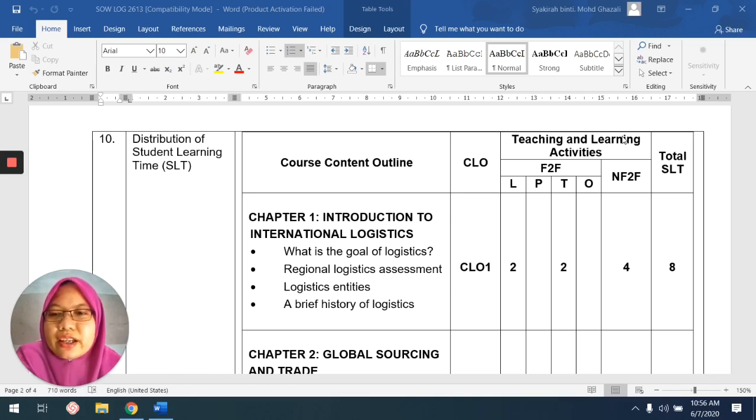For those who still cannot see the clear picture of what logistics is, I will cover the basic logistics again later. But in this course, we need to learn more about logistics globally.